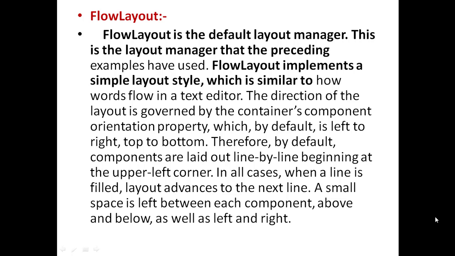In all cases, when a line is filled, layout advances to the next line. A small space is left between each component above and below, as well as left and right. This is the role of the flow layout.